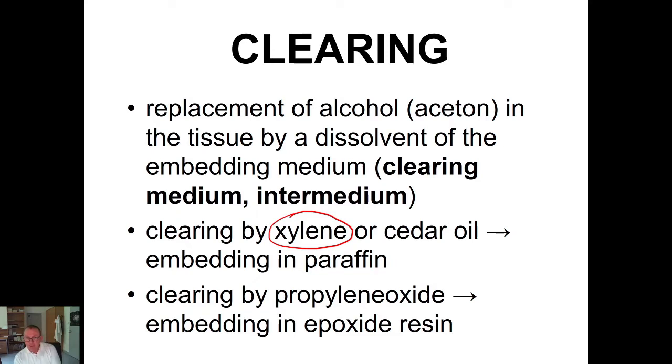Now xylene is used as a clearing medium in the paraffin technique before embedding in paraffin, and the most important embedding medium in electron microscopy is an epoxy resin, and its dissolvent is propylene oxide. So propylene oxide is another important clearing medium used for electron microscopy. So after dehydration, there are several baths of the tissue in clearing medium.